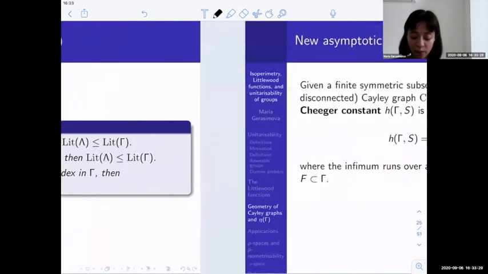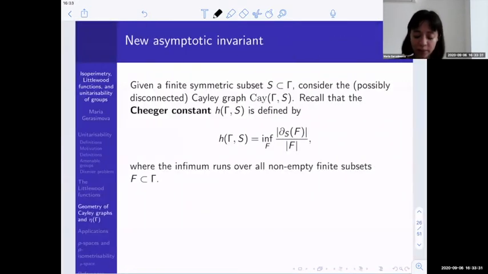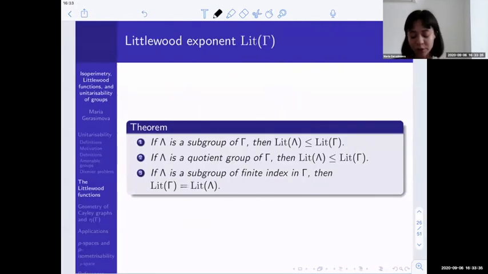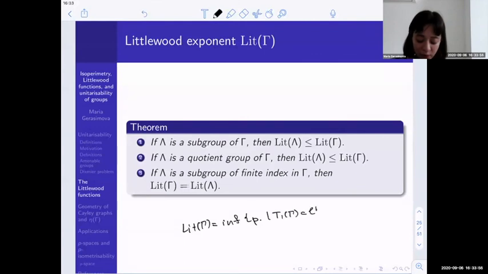And I think what is more important, before I pass to an explanation of some geometry, of course, we need some non-trivial examples to show that the Littlewood exponent is not trivial, but it's very difficult, if you recall the definition once again. It's very difficult to work with the definition because we are taking an infimum over all p such that T1 of gamma is a subspace of L^p of gamma.